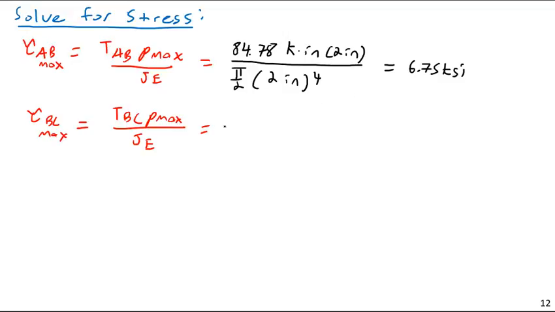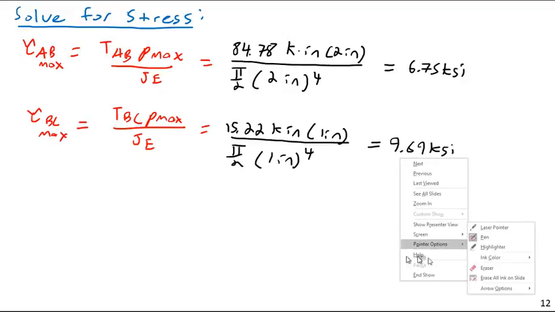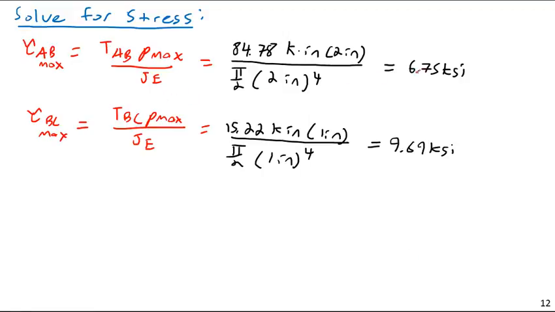And this one here is 15.22 kip inches times 1 inch over pi over 2 times 1 inch to the 4th power, which is equal to 9.69 KSI. And then this is less than the yield stress for this section of 25 KSI. So we're good. And this one is less than the yield stress of 18 KSI.